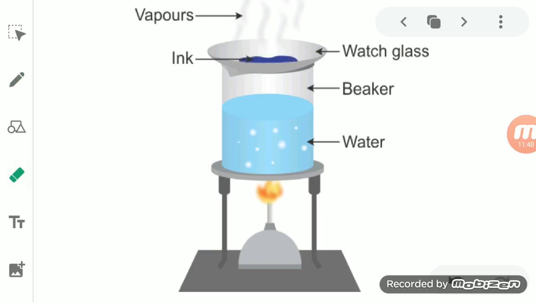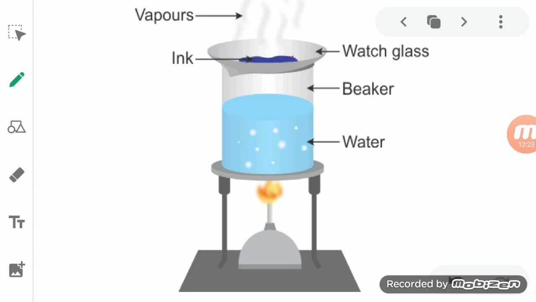Now, how can they be separated by the process of evaporation? You see here, we keep a beaker filled with water and then provide heat to it. As we provide heat, the water starts getting hot, and water vapor starts coming out from the water. That water vapor works as steam, and this steam helps in evaporating the water present in the ink.